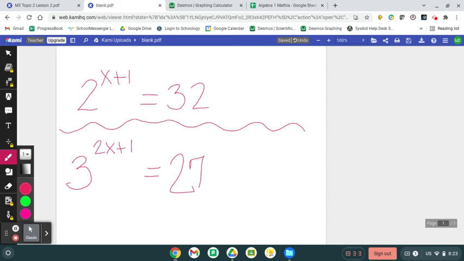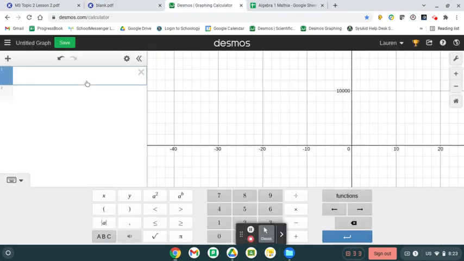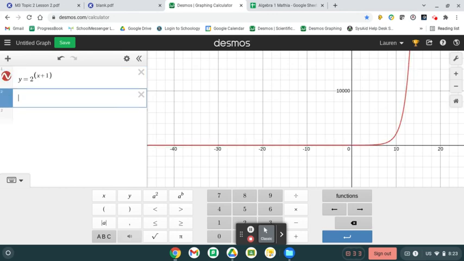But again, we have Desmos. Type this in as y equals and type this in as y equals, and we should be able to figure it out. So type y equals 2. Now, when you raise it, you have to put it in parentheses, x plus 1.